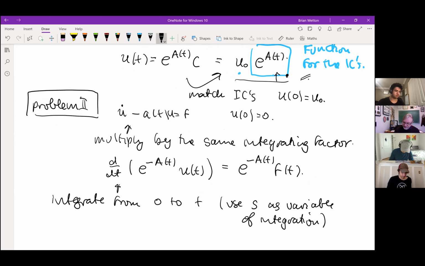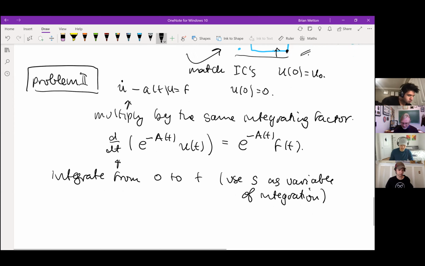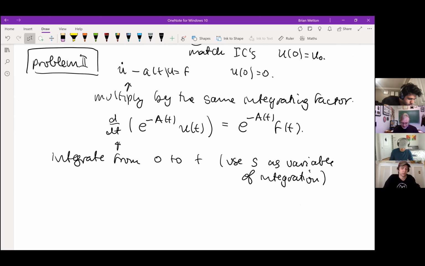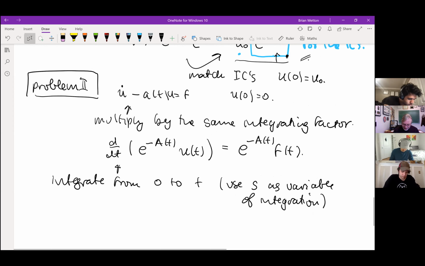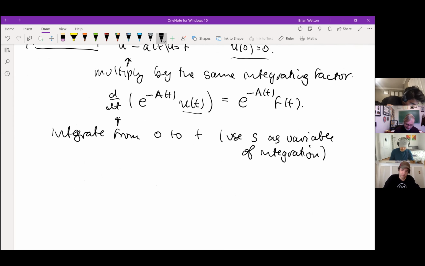So I can get a Green's function g of x of s and t, just like I had a Green's function g of x and s in the boundary value problem. Okay, so I'm going to integrate this derivative. So I'm just going to get the difference in the values at the two ends, but the initial value for u is 0, so I won't see that. I'm going to get e to the minus a t u of t, right?